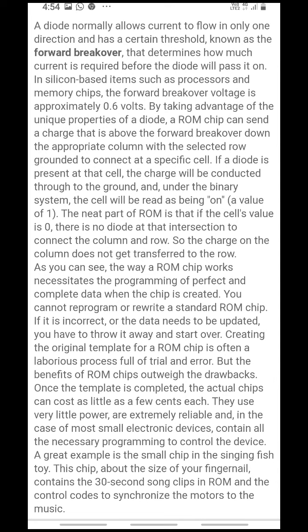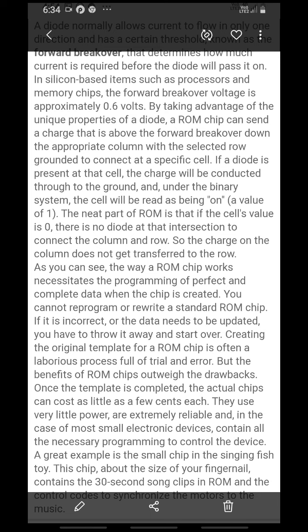A diode normally allows current to flow in one direction and has a certain threshold, known as the forward breakover, that determines how much current is required before the diode will pass it on.